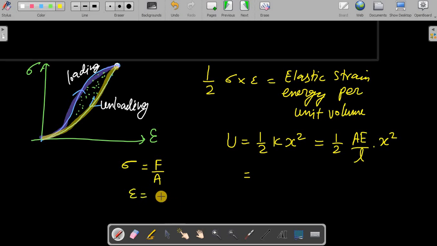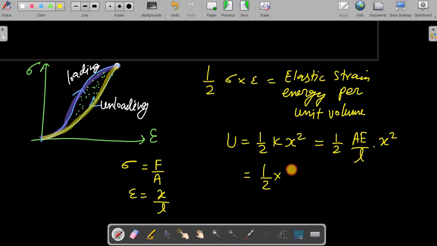Strain is elongation x by L. So let us write this as half K into X, which can also be written as force here. Okay, you can write it like that, otherwise you can bring it in this form.